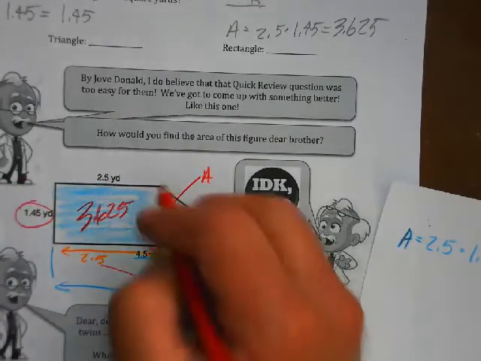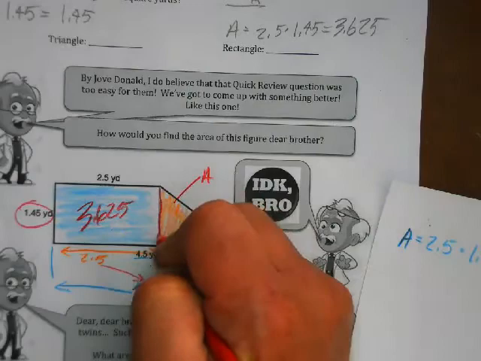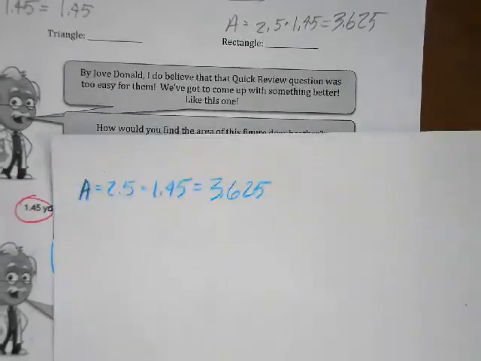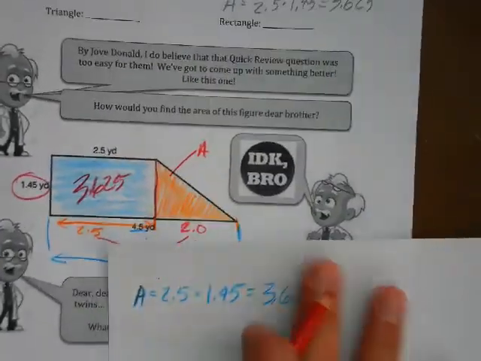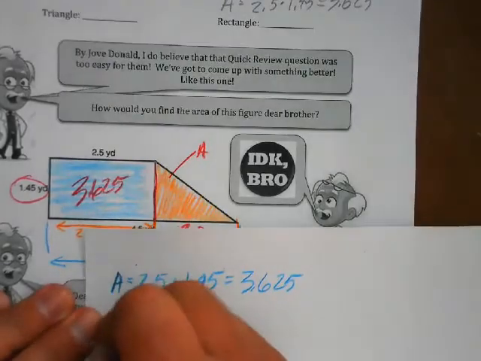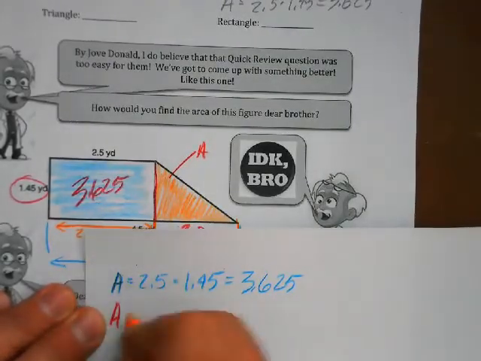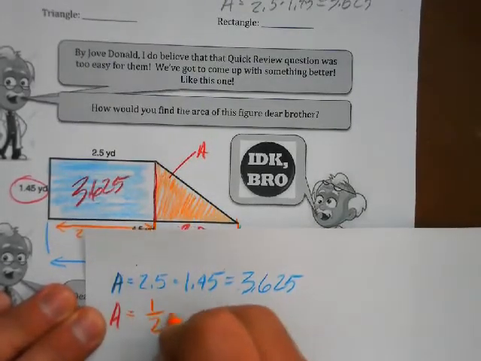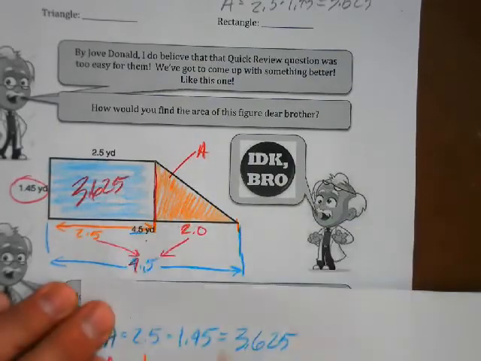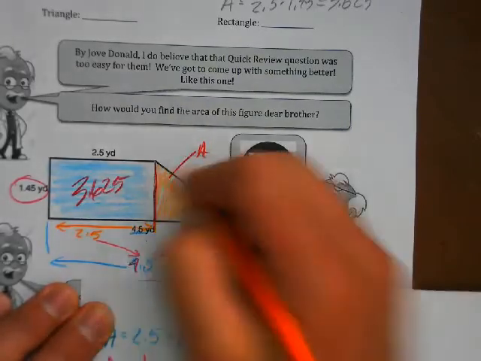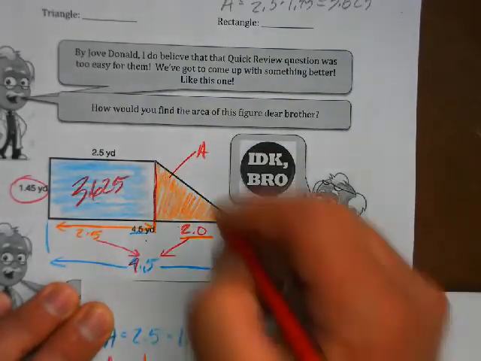So now we're going to take this, which came out to be 3.625. We just need to find out what is the area here. So the area of this triangle, we know the base is 2, and look at the height, 1.45. Does this look like anything familiar? Well, let's look up here. Appears to be the exact same dimensions as this triangle up here. Right, folks?